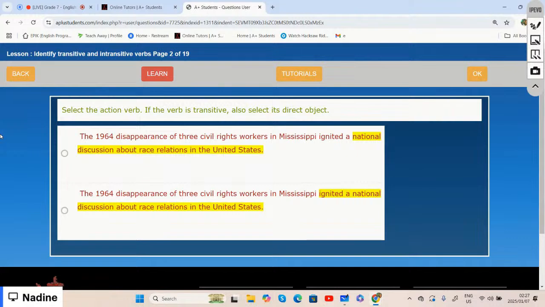We need to look at the word in bold and identify the verb that is transitive as well as the direct object. So is it option one, national discussion about race relations in the United States, or option two, ignited a national discussion about race relations in the United States? Which one is correct?